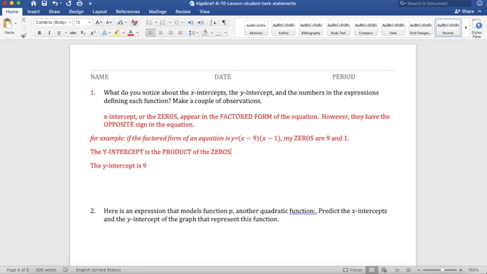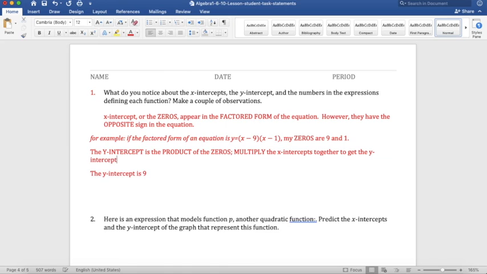Basically we multiply the x-intercepts together to get the y-intercept, which is pretty weird. And not necessarily essential, because we can just go to standard form and get it.